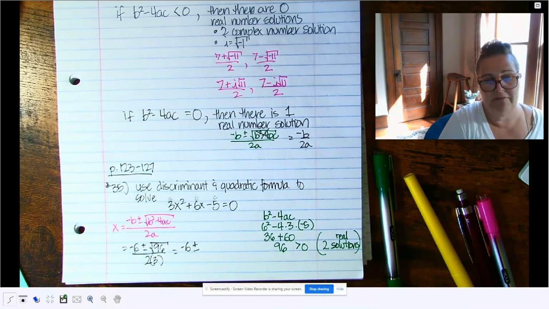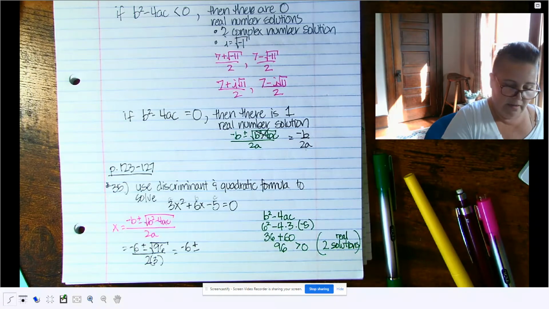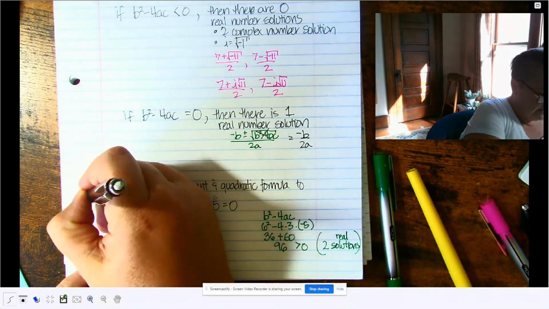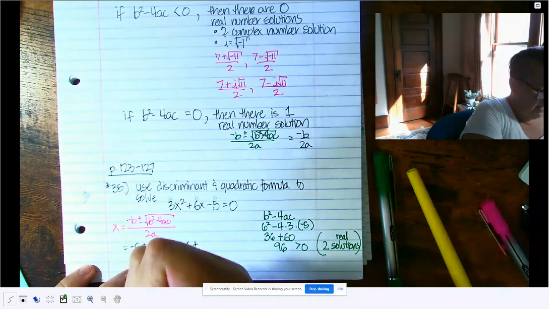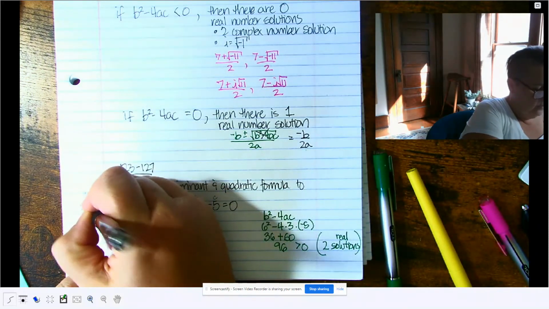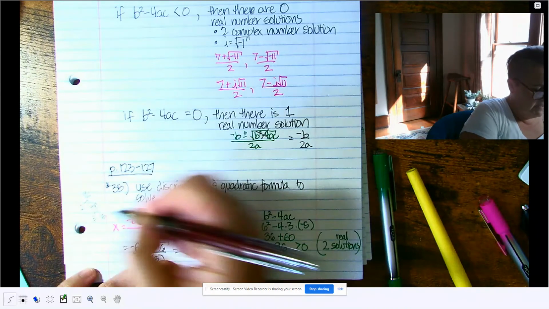If you don't have a specific calculator, then you got to do it old school, which is to say I got to take 96 and recognize that that is 2 times 48, and 48 is 3 times 16.